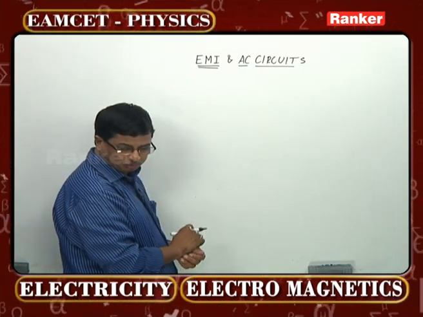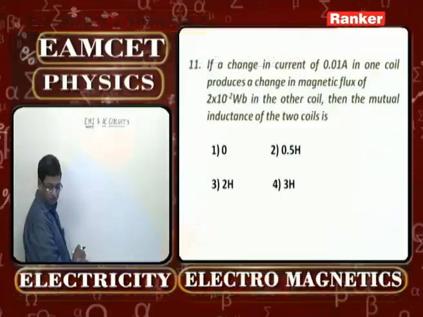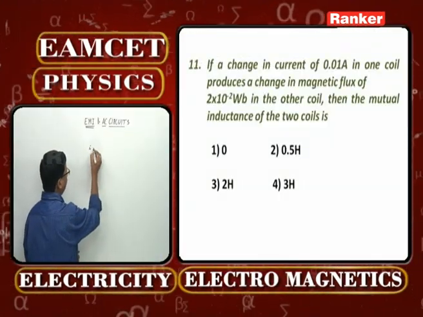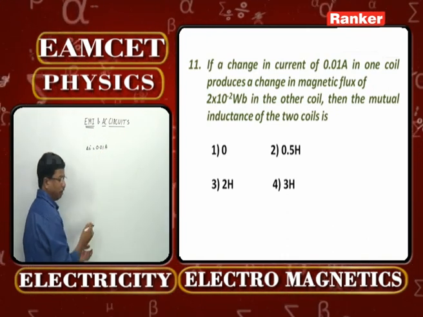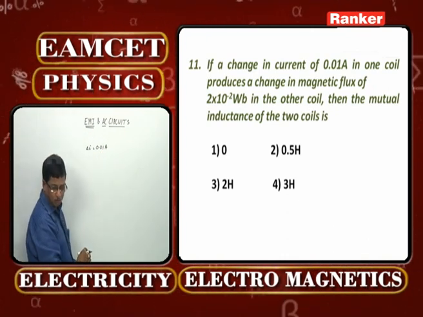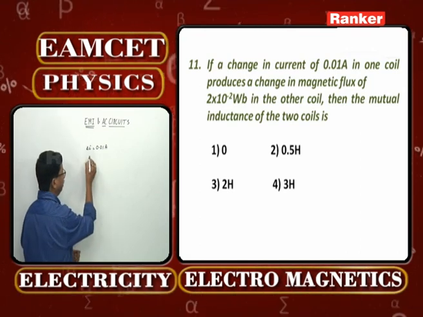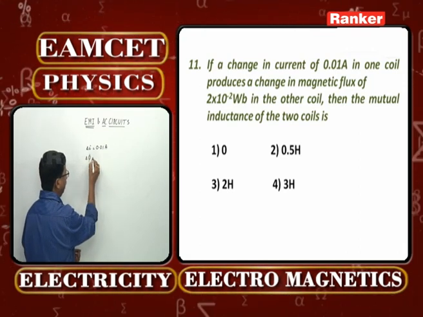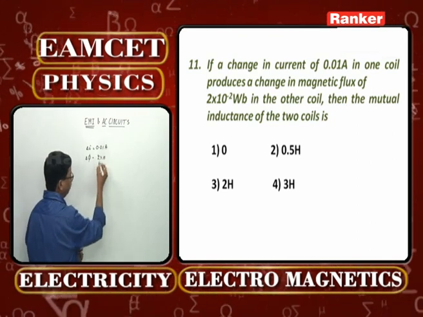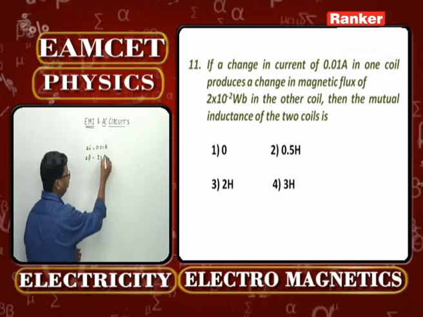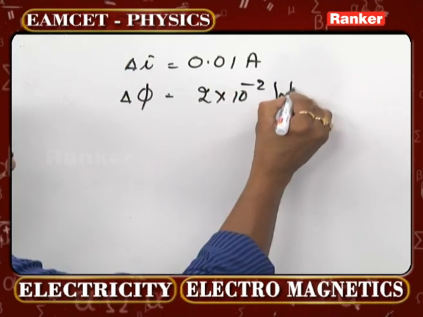First of all, check that one. Change in current, that is delta I, he has given you 0.01 ampere. And of course, what is the magnetic flux that is being varied over here? Delta phi has been given as 2 into 10 to the power minus 2 Weber.